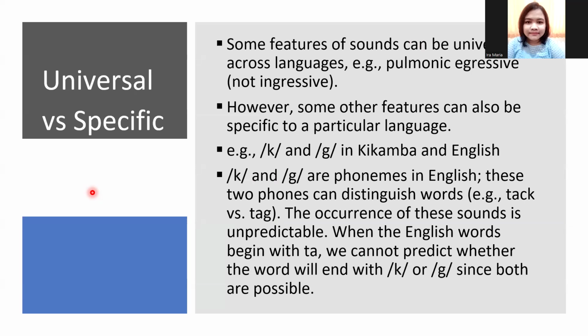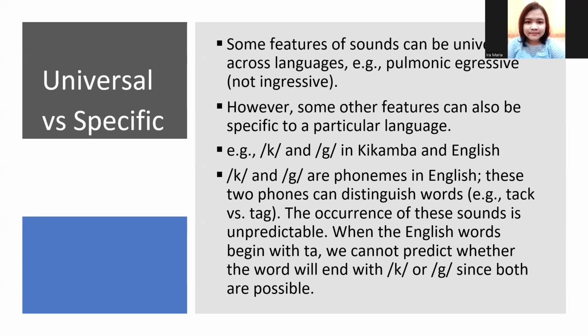If my memory serves me right, this topic was already explained in the Introduction to Linguistics class. Pulmonic egressive refers to a type of airstream mechanism used in the production of speech sounds. Pulmonic refers to the airflow being generated by the lungs, which is the most common mechanism for producing speech sounds in human languages.